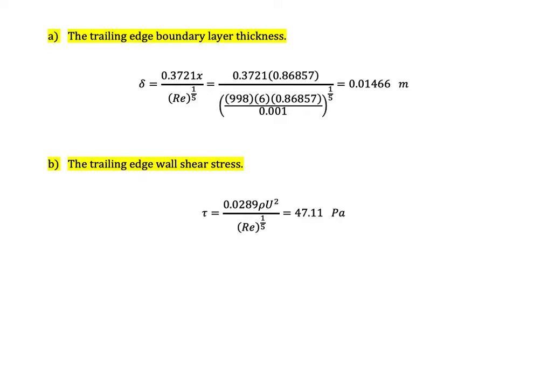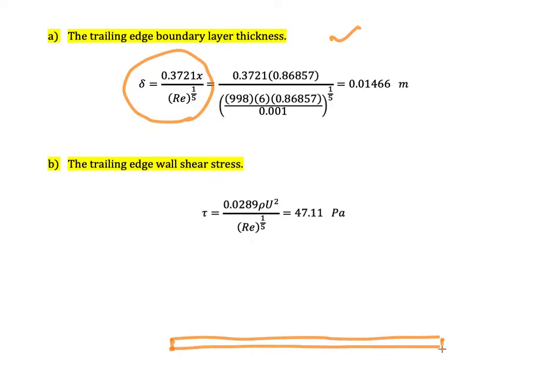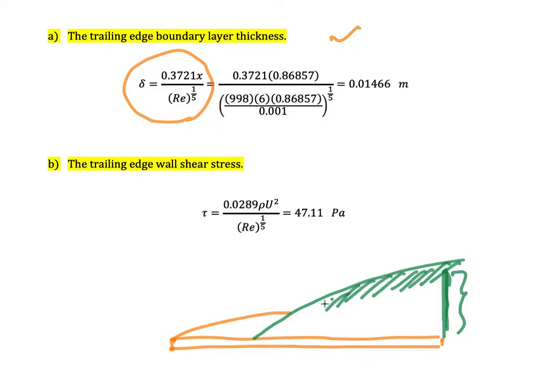Then we could calculate the trailing edge boundary layer thickness by using the turbulent boundary layer thickness equation. I hope you could understand that we have a flat plate, we have a laminar region, and then we have a turbulent region like this. To calculate the boundary layer thickness at the end here, we use the turbulent boundary layer equation.